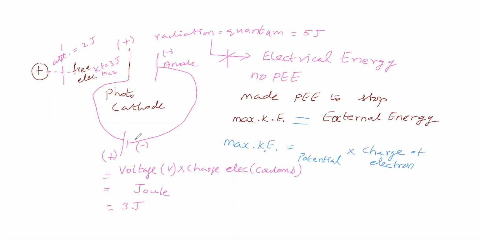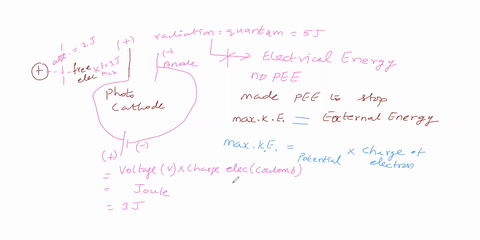The potential of the battery is such that it stops the photoelectric effect in this place. We made the photoelectric effect stop, for which we apply a certain potential through this battery. We take the battery such that it has a certain potential at which the photoelectric effect is just stopped.